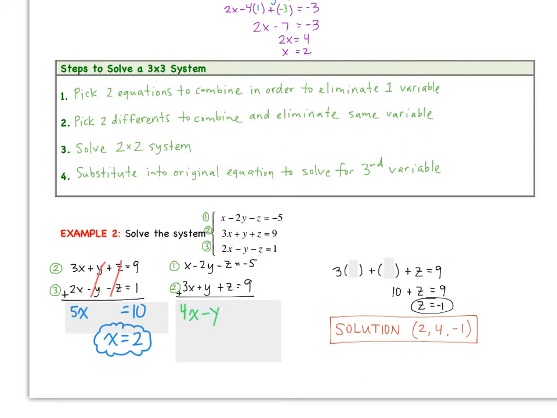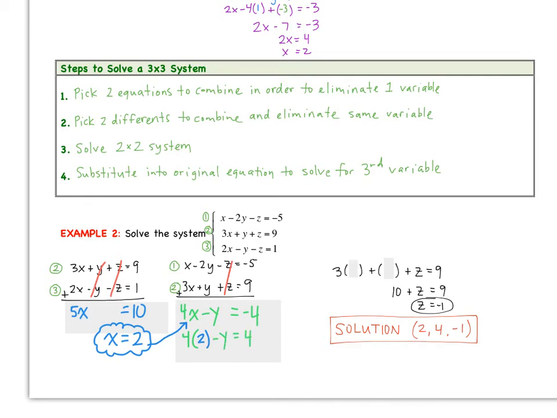The z's will cancel and we're going to be left with equals -4. Well, what we can do here is take this x and plug it into that equation to solve for what y is. So we will go ahead and do that. 4 times our x value of 2 minus y equals 4.